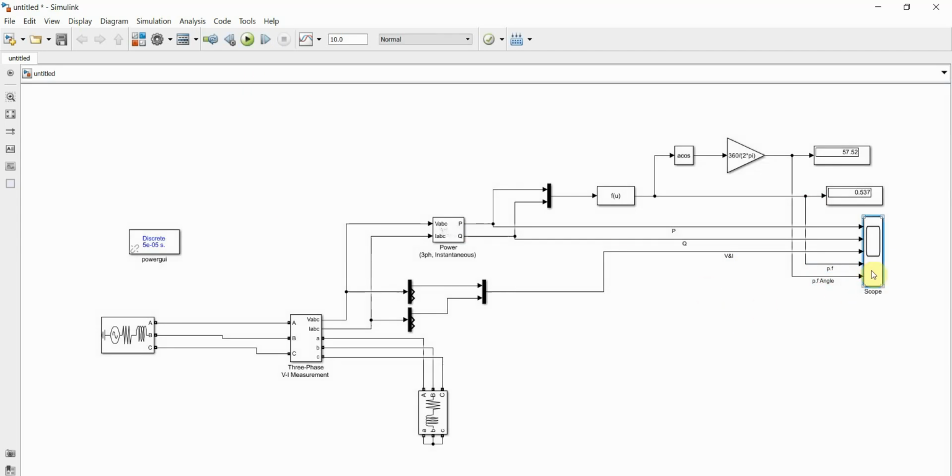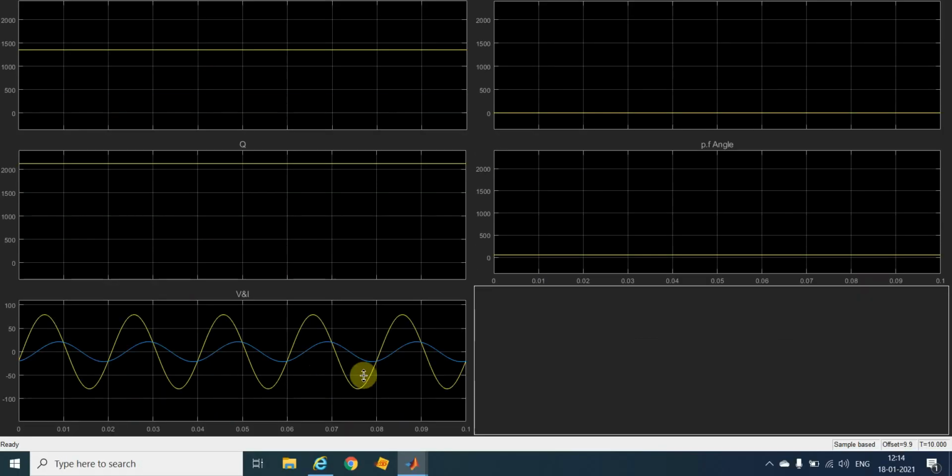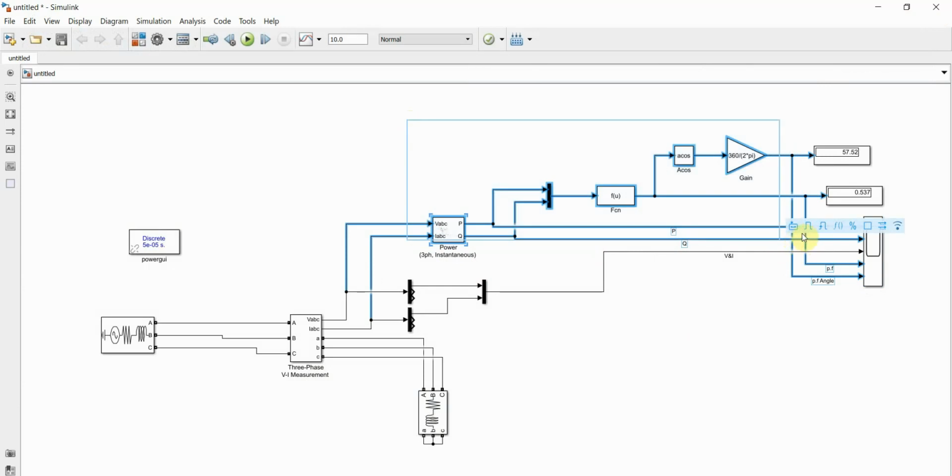See, this is your power factor angle. This is active power, reactive power, and voltage and current, how they are looking to each other. If you want to make it into a block, just do this: subsystem.